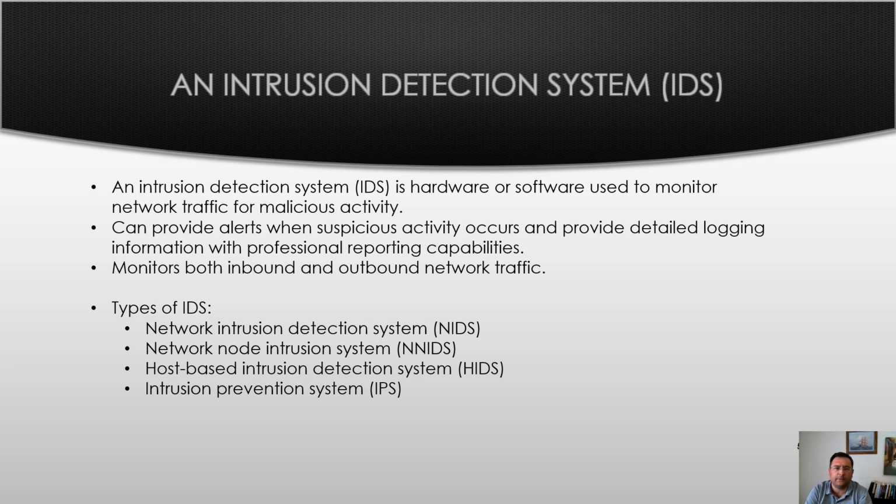It's like a patrol officer trying to see if there's any abnormal activity in the precinct, and it gives alerts to the headquarters. And it monitors both inbound and outbound traffic.